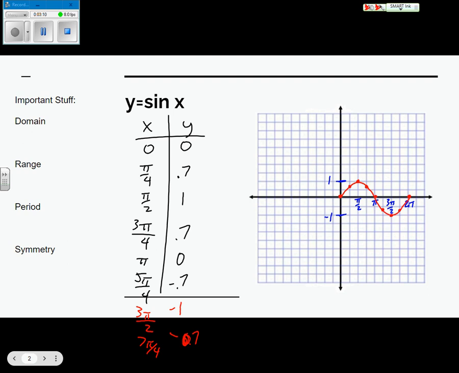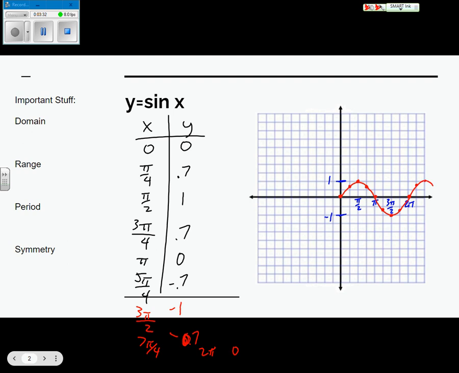Now suppose I would have kept on going. I know I left off 2 pi down here, but if I get 2 pi, it also gives me 0. I know good and well if I continue this, if I go to 9 pi over 4, this next line, it's going to be the exact same value as the pi over 4, and then 0.